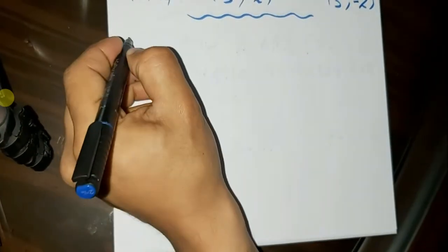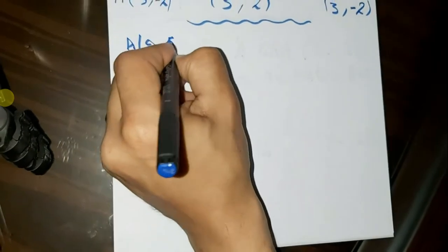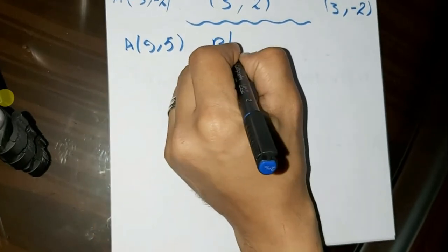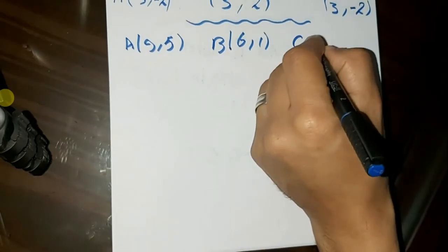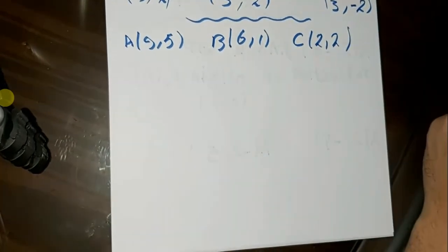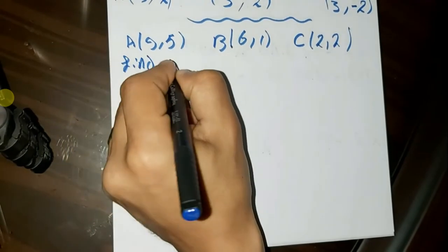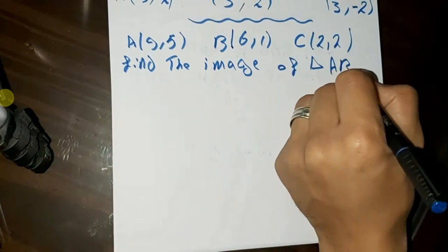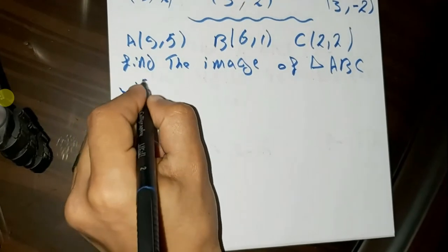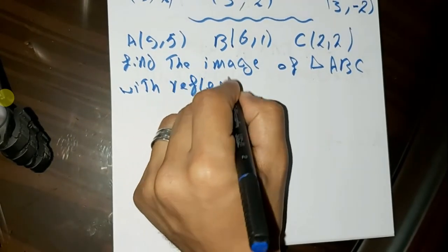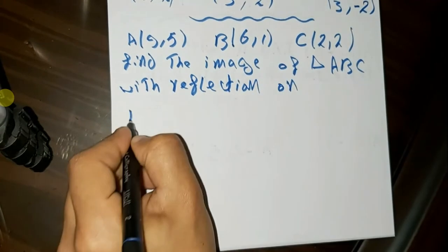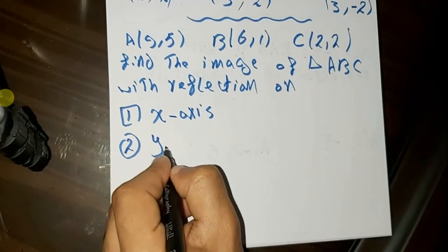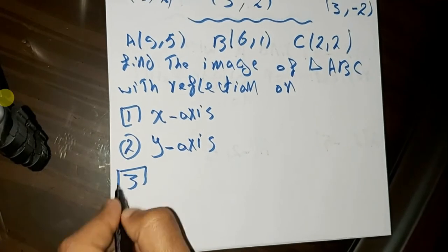For example, if we are given A (9, 5), B (6, 1), C (2, 2), and we want to find the image of triangle ABC with reflection on the x-axis, the second on the y-axis, and the third on the origin point.